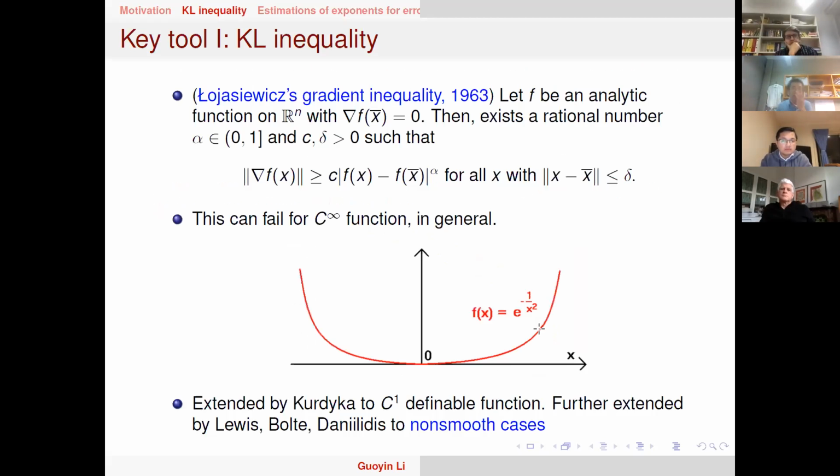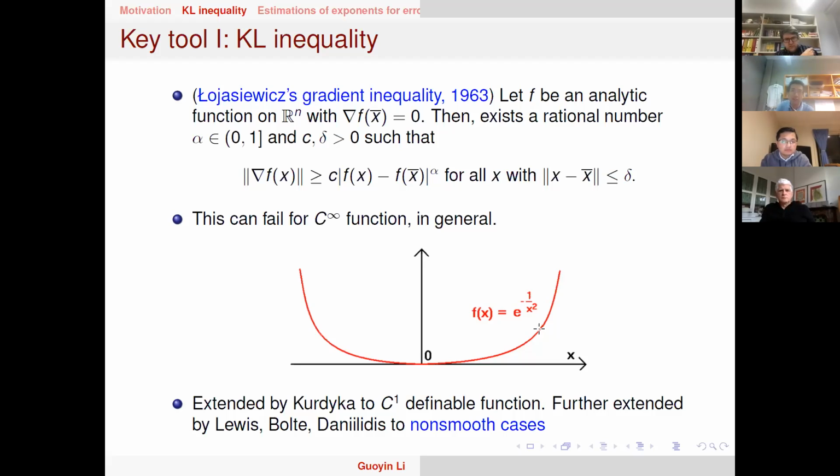And in the literature, there are two types of fundamental tools for analyzing the convergence behavior. One is probably quite well known now, called the Kurdyka-Lojasiewicz inequality. Its origin traces back to Lojasiewicz's original work in 1963. The original form starts with analytic functions.